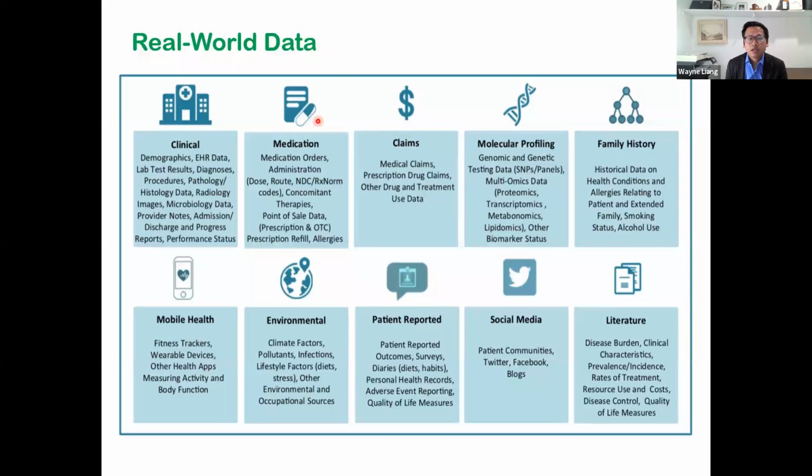And here, claims data, molecular profiling data, family history data, even social media data, environmental exposure data: where do they live in relation to the interstate? Are the toxins being released in the air from an interstate related to cancer rates, or local radon or other sorts of environmental factors?